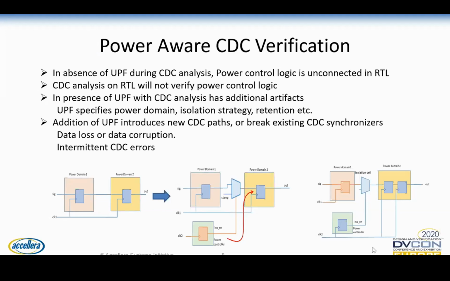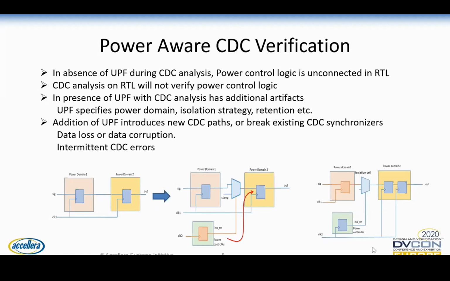So in the absence of UPF, since power control logic is not connected, our CDC analysis is not complete. So in order to ensure that all these low power cells do not bring up any new challenge, we need to make sure the CDC analysis is done UPF aware, right?